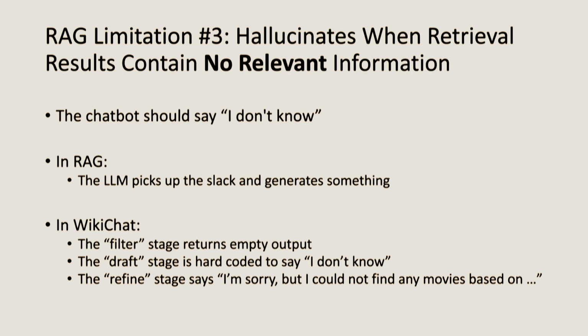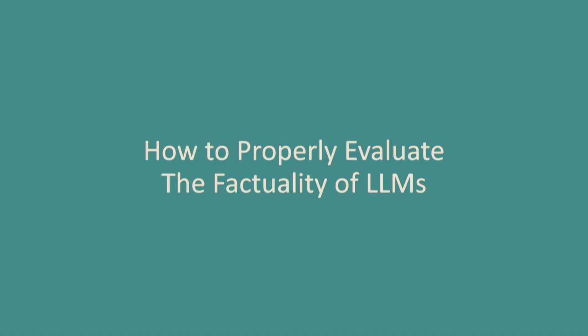And so we impose this explicit constraint on the draft stage that it has to say, I don't know, if that set is empty. And finally, the refine stage is allowed to sugarcoat the answer and say, I'm sorry, I couldn't find any movies based on what you asked for, or whatever the context of the conversation is, but it doesn't add any new information.